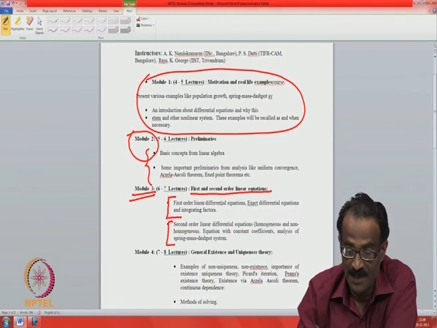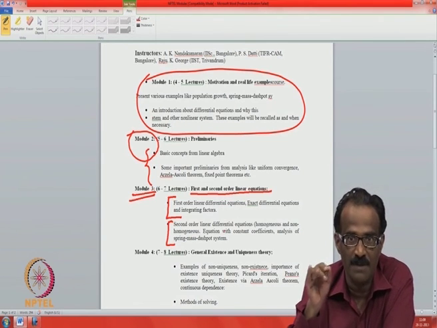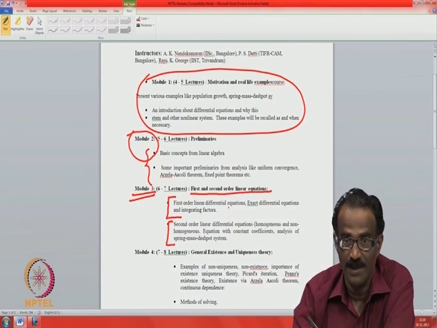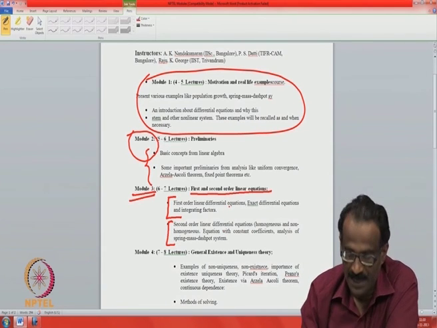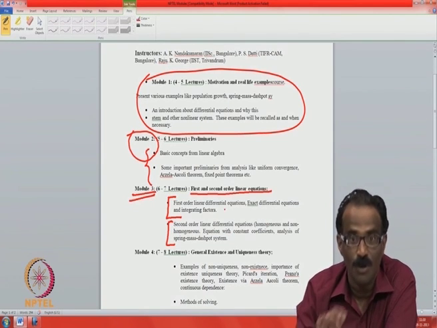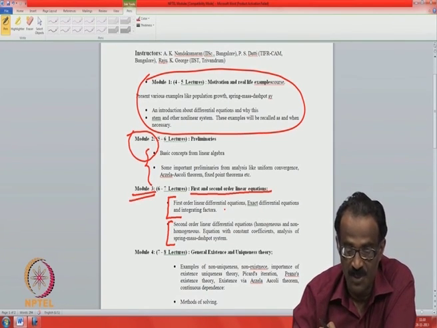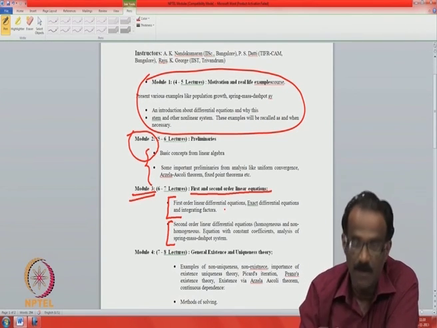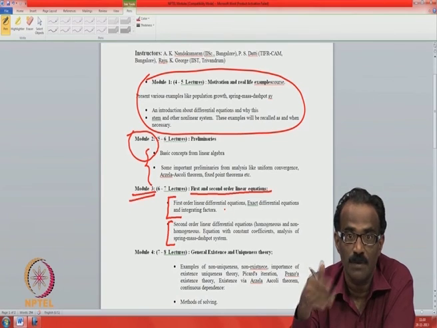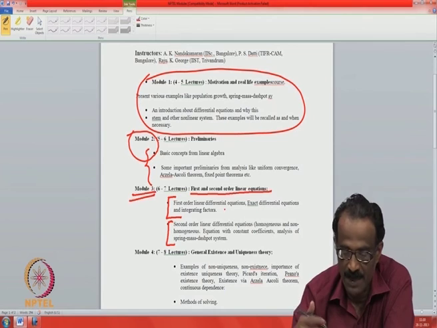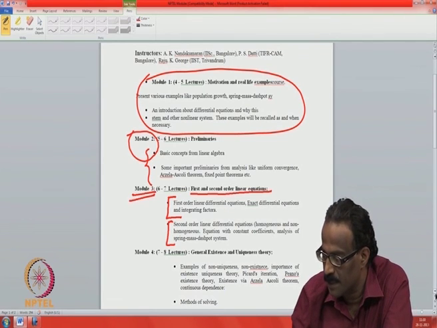You can see that even for the second order linear differential equation, life is not that easy. Here you could convert it back, but there are very nice interesting things here, and it is not easy to solve the differential equation. For the first order linear differential equation you have a reasonably good theory. For second order also you have the theory, but you need some methods of solving also if possible, and we will explain that in the coming lectures.